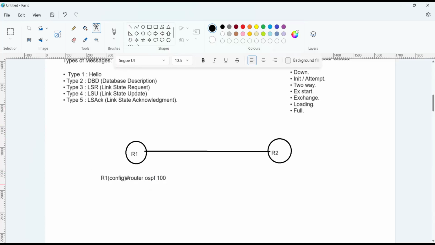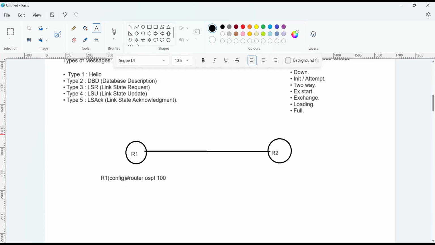First we enable with router ospf 100, then we advertise with the network command the directly connected prefixes.